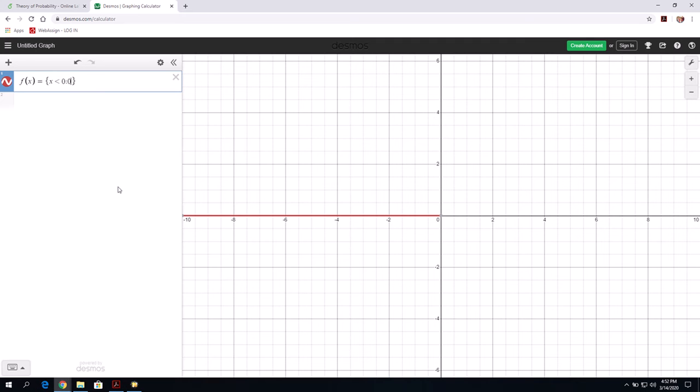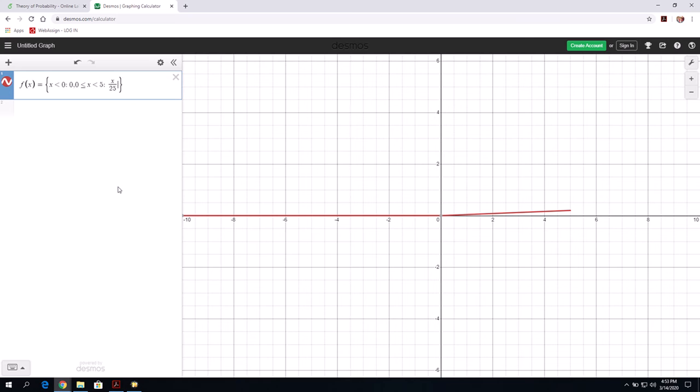And then comma, if 0 is less than or equal to x is less than 5, colon. By the way, you can put spaces in here and that doesn't really make a difference. What if x is between 0 and 5? Remember it was x over 25, or 1/25 x.